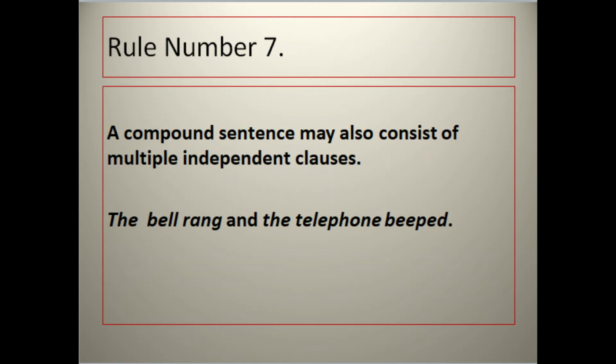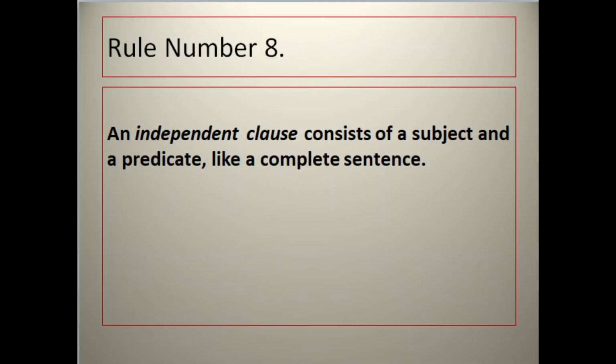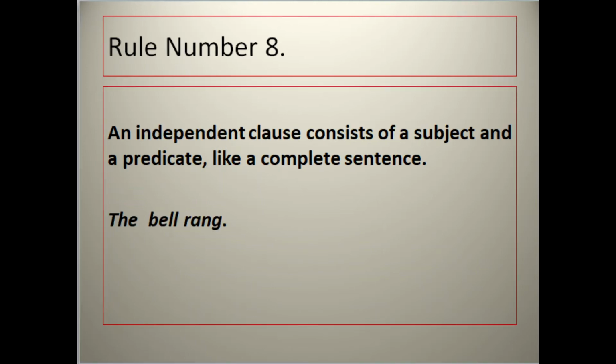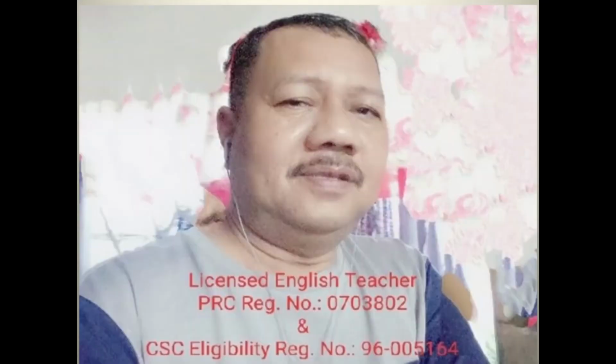What is an independent clause? Rule number 8. An independent clause consists of a subject and a predicate like a complete sentence. Example, the bell rang. You can separate an independent clause from the rest of the sentence and it will still form a complete sentence.